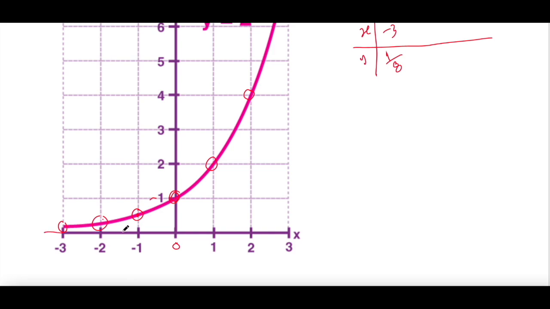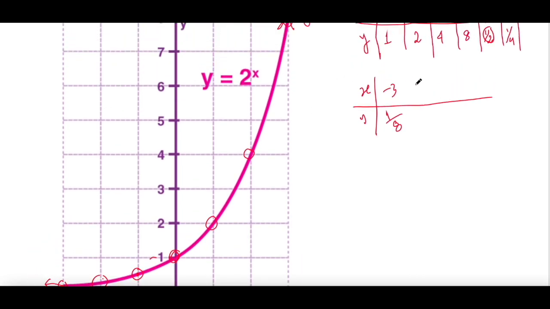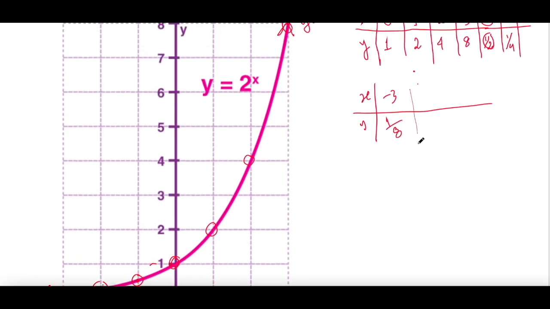So this is the x-axis, and the two lines will meet each other at infinity, because when x equals negative infinity, y will be 2 to the power negative infinity, which equals 1/2 to the power infinity, which equals 1/infinity, which equals 0.